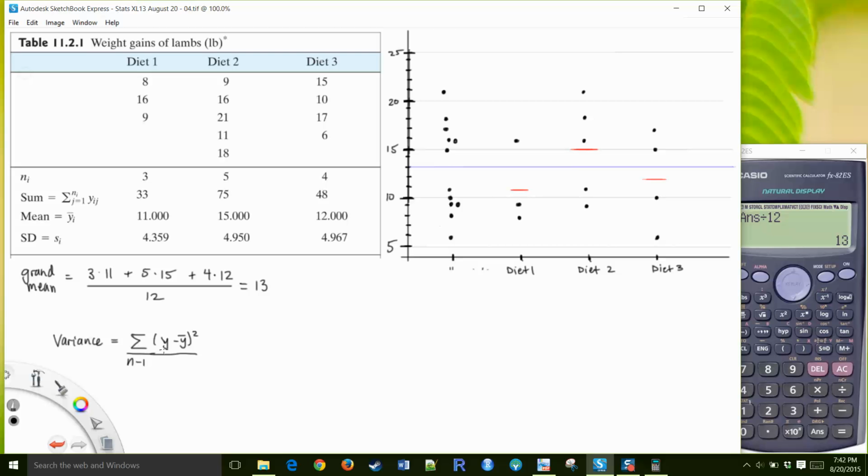If I were trying to calculate the variance of all of these data points, I'm going to split this difference, y minus y double bar, into how far a data point is from its own group mean, and how far that group mean is from the grand mean.